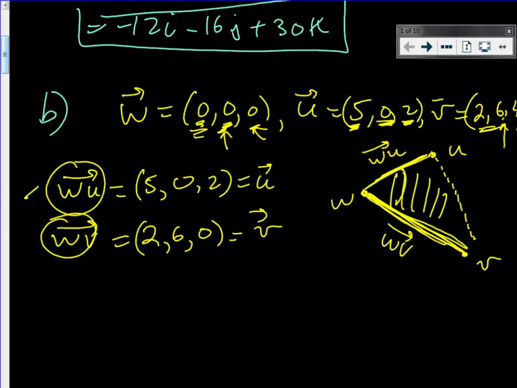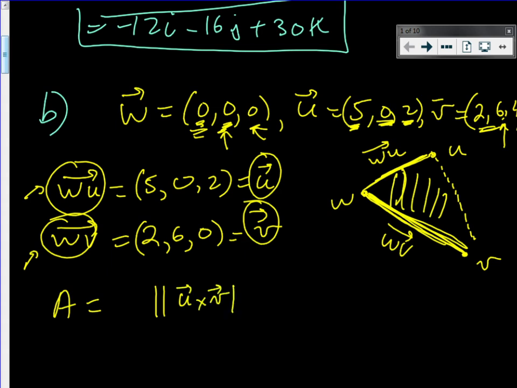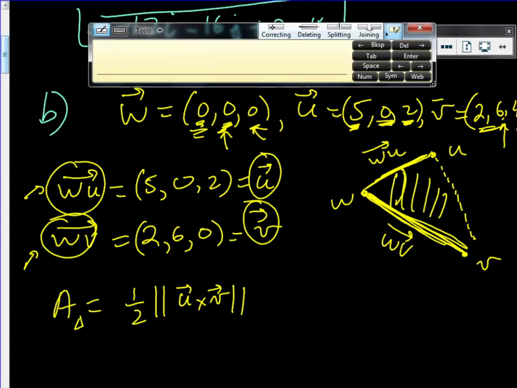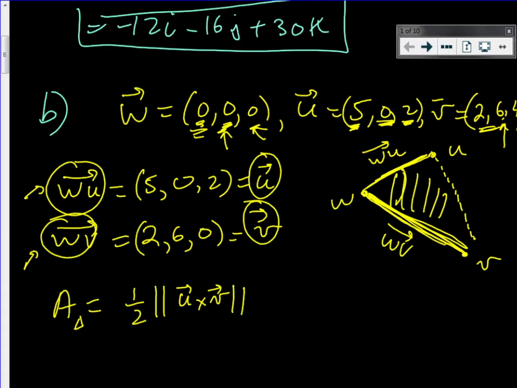The beauty of this is we just took the cross product of u cross v. If we find the length of it and multiply it by a half, we'll have the area of the triangle.